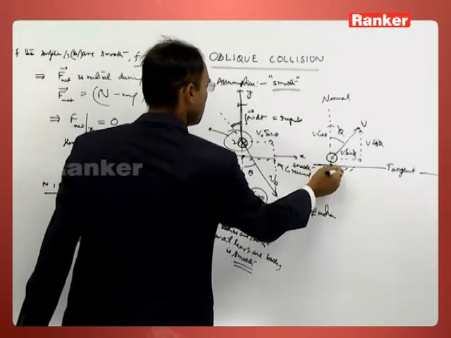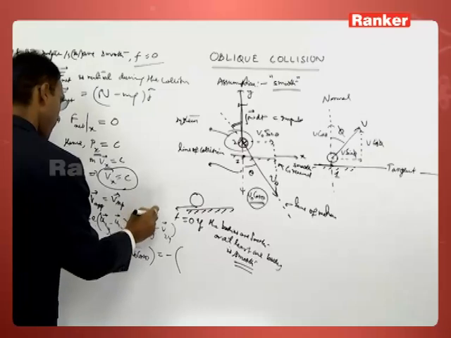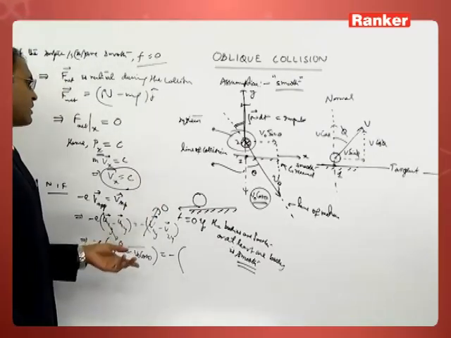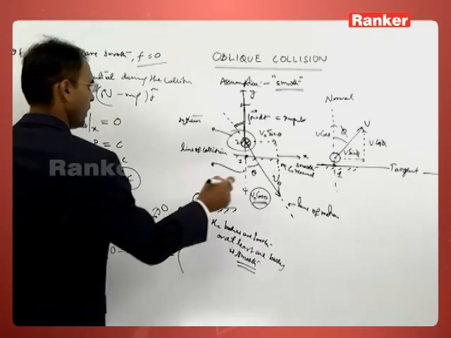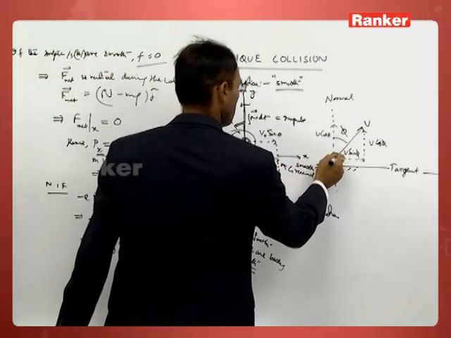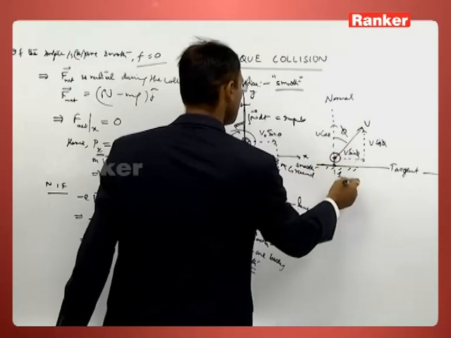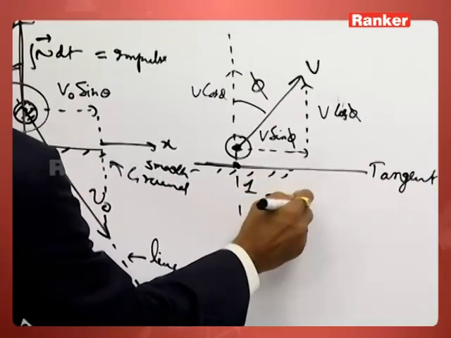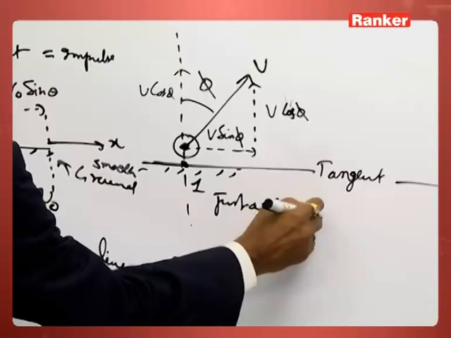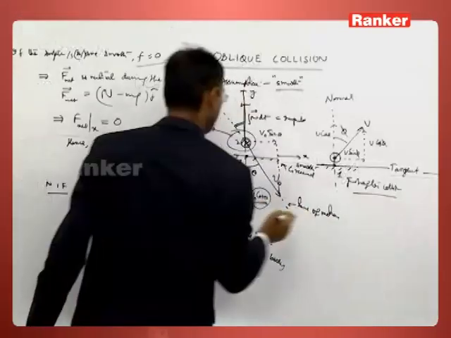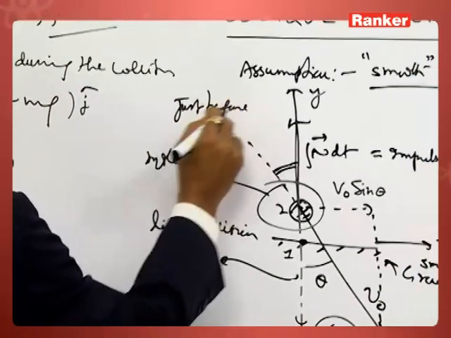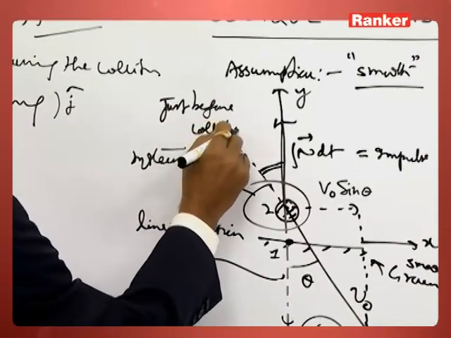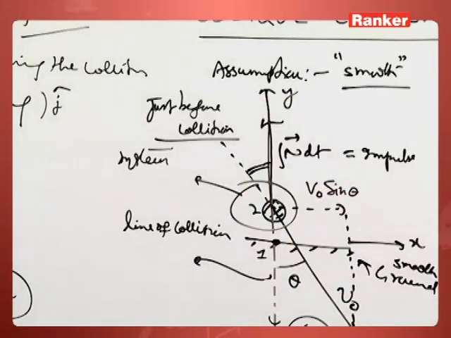This point 1 does not move, therefore its velocity just after the collision along the y direction is 0. And this body just after the collision, and this is just before collision.